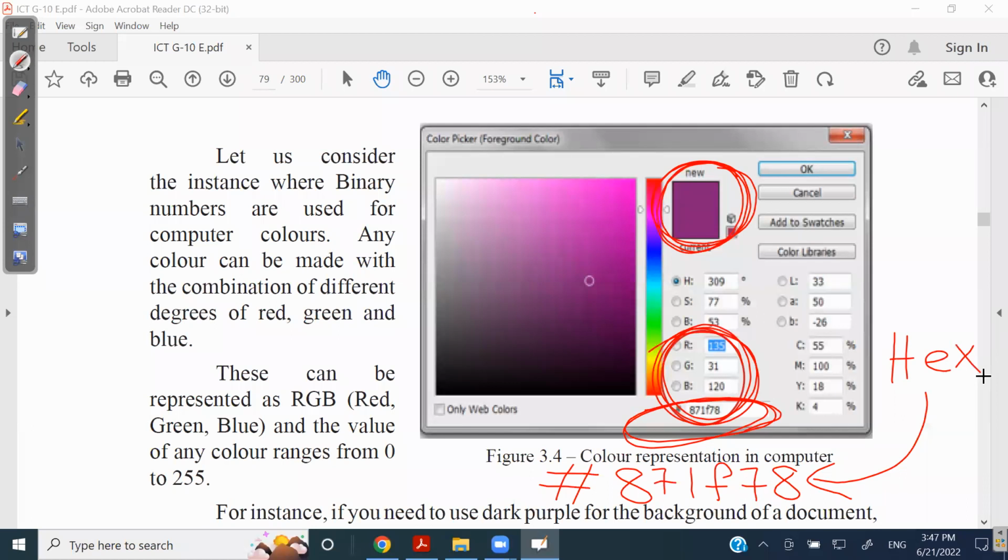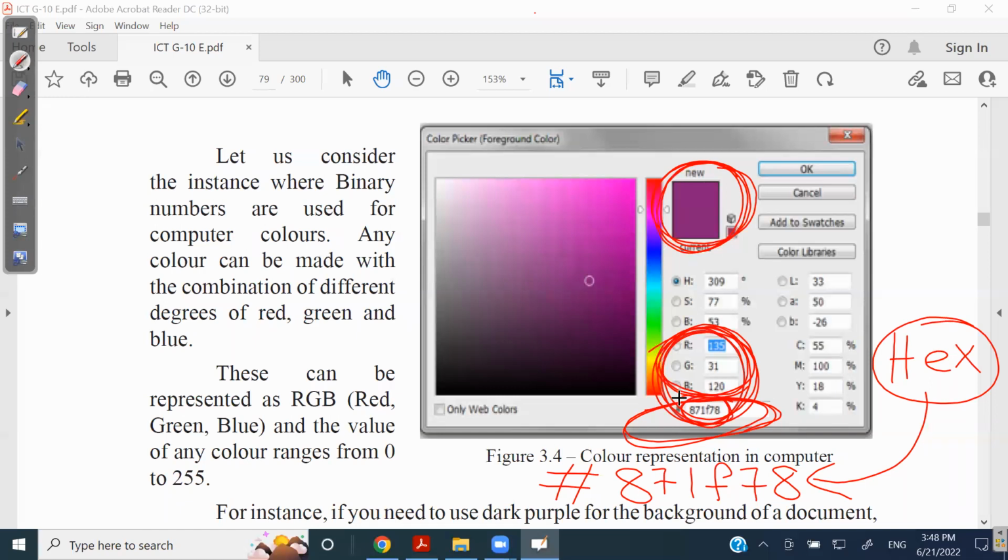So the hex code is used to represent a color again. Something that can be represented as RGB colors can also be represented as a hex code, right? In the picture in your book, it represents both ways. You can change the RGB values, so it will change the color, as well as the hex code for that particular color.